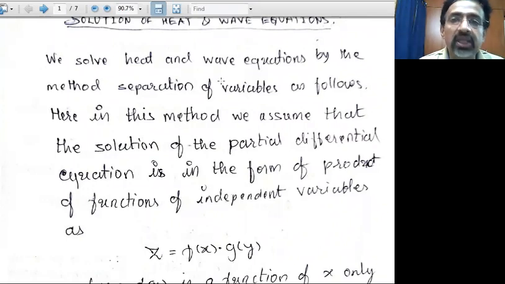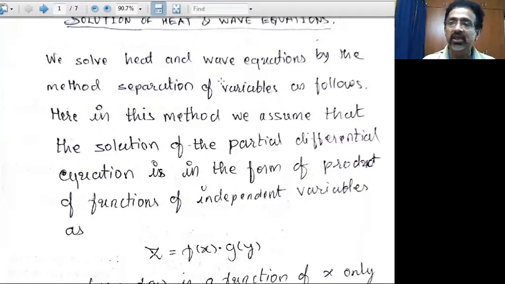So here what we assume is, suppose z is a product of a function of x and a function of y. That is, if I write z is equal to f of x into g of y, then it may be possible to separately get a differential equation in z and x and separately a differential equation in z and y.